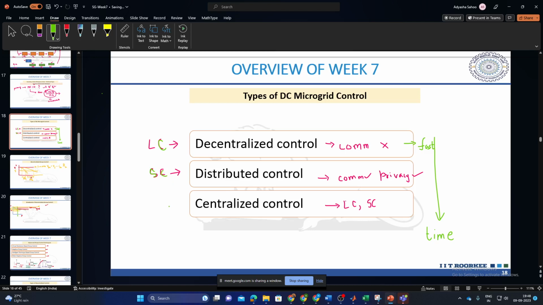If you have any doubts, this is what you need to remember, whether for DC or AC. This is important. Your local controller is decentralized, without any communication, and it is the fastest. Then the distributed controller is secondary, and the centralized one can be secondary control, and it can be central or emergency control.